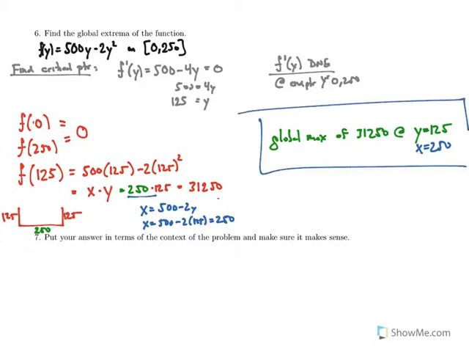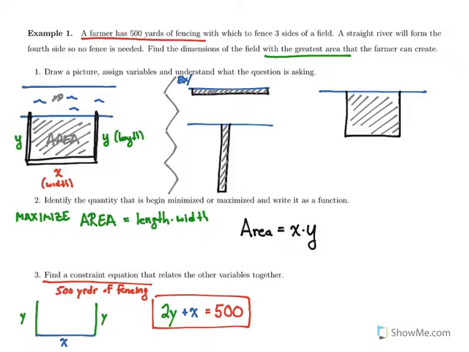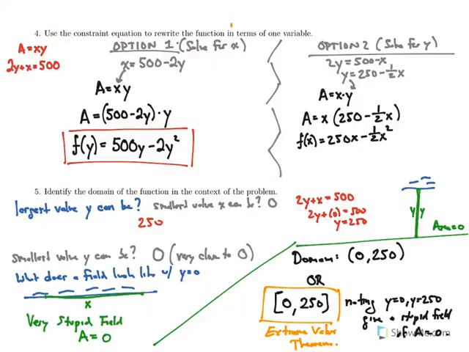Now let's just put the answer in terms of the context of the problem and make sure it makes sense. So let's go back to the original problem real quick. It says, find the dimensions of the field with the greatest area that the farmer can make. That's what we're actually asking in this question.